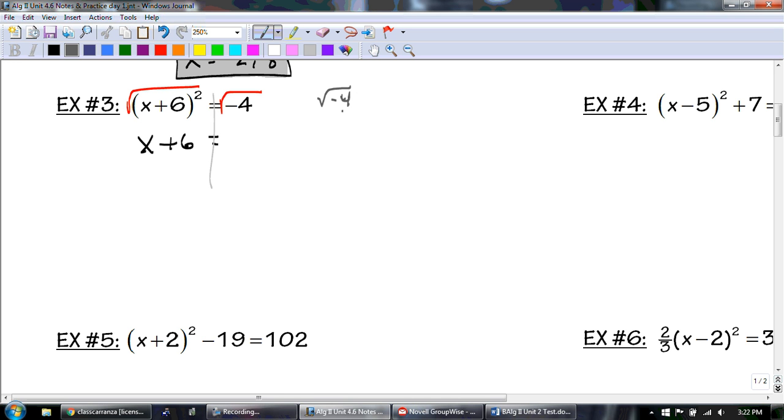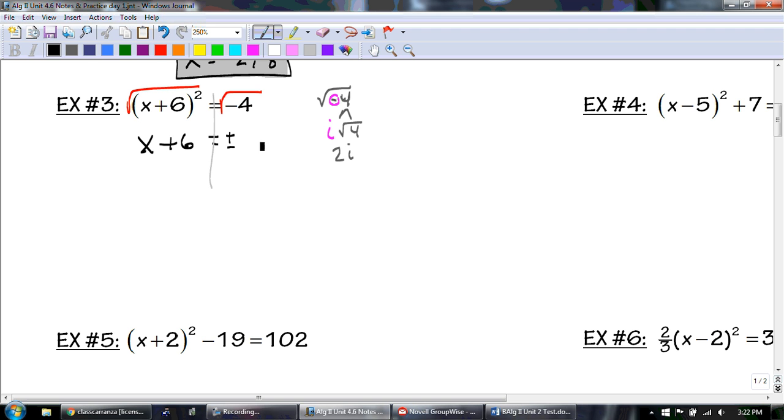Well, the square root of negative 4 I can break down because the negative turns into an i, and then I have the square root of 4. The square root of 4 is a perfect square. So that's a 2, and it turns into 2i.